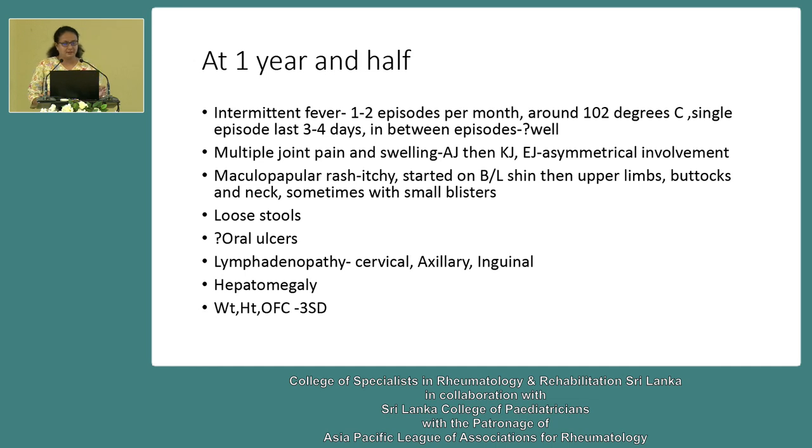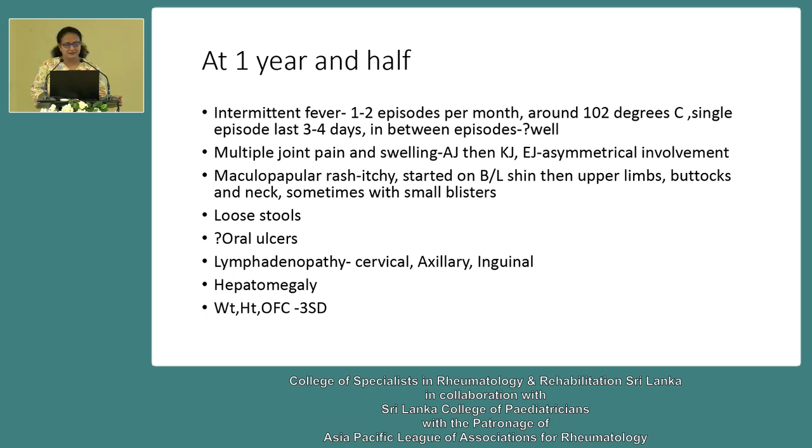There was mention of a diarrheal episode at 6 months, which I have not included here, and that spontaneously resolved. That was around the time she was weaned off breast milk, and the peculiar time was at the age of 1.5 years, where she presented with intermittent fever, about 1 to 2 episodes per month, and the highest reached was 102 degrees Fahrenheit, and a single episode lasted about 3 to 4 days.